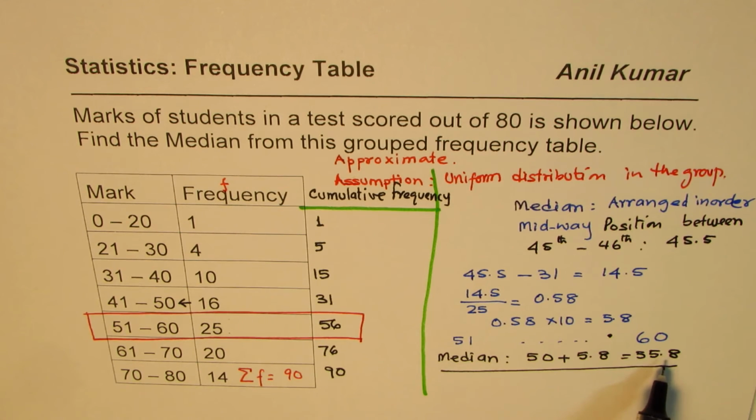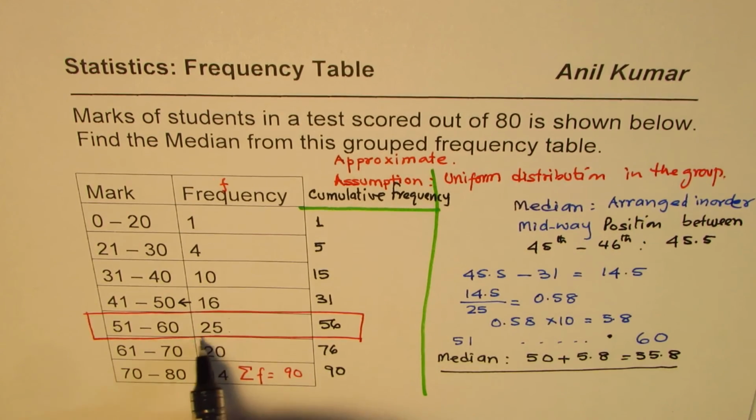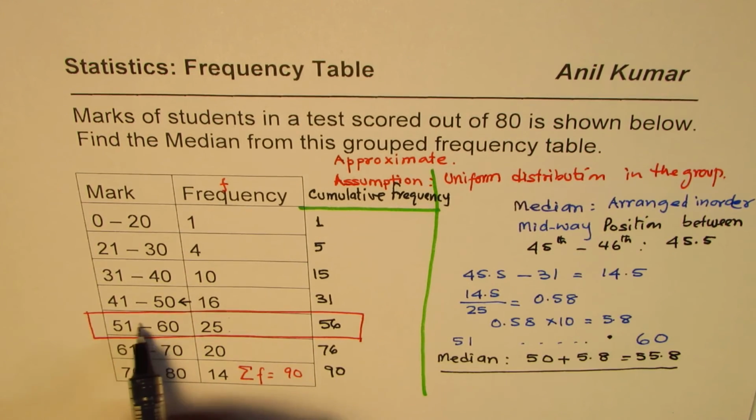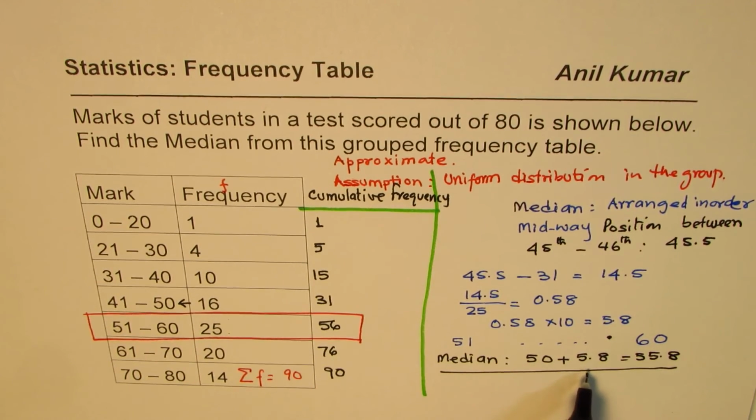I hope you understand and appreciate how we were in a position to find the median based on our assumption that all these 25 data elements are uniformly distributed within the interval of 51 and 60.